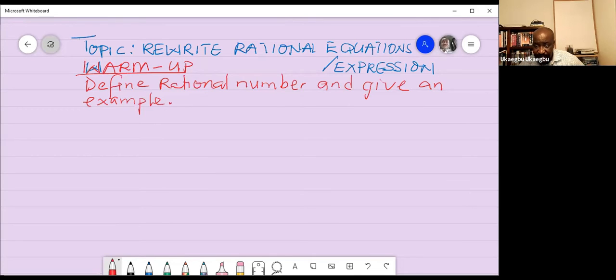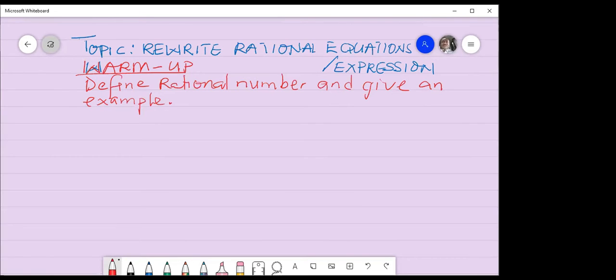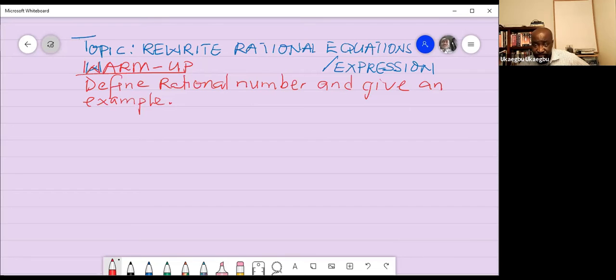Next person, Fode Kalon, go. What did you write as rational number? I said a number that can be represented as a quotient of two integers. Okay, sounds good. Thank you.